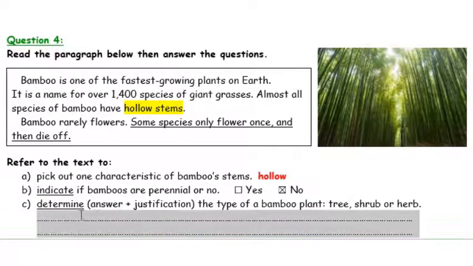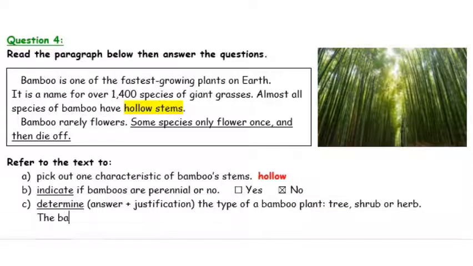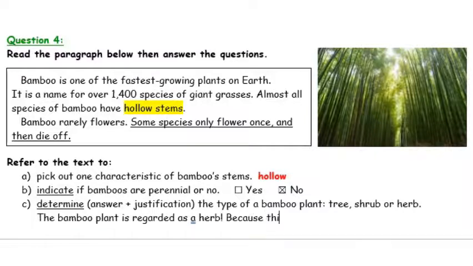This means that the bamboo plant is considered as a herb. Excellent, guys, because this plant has hollow green stems and it's not perennial.